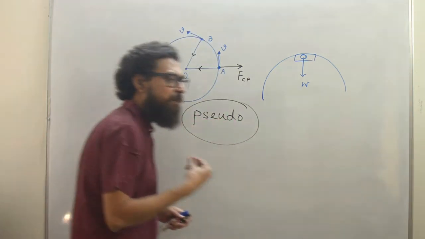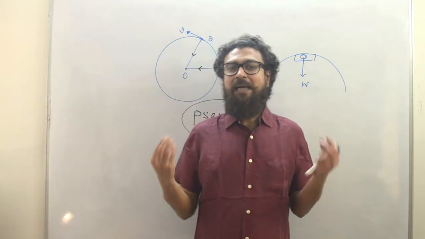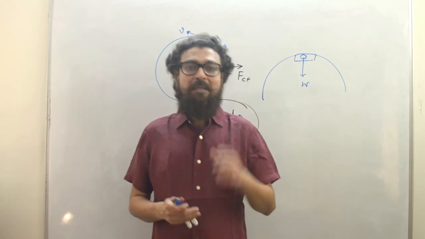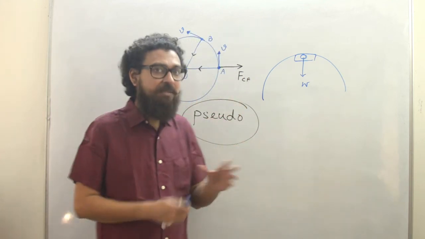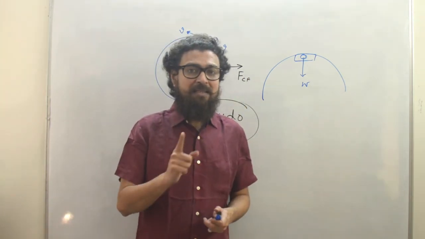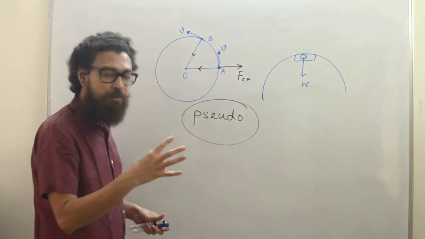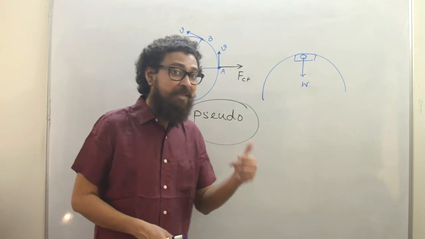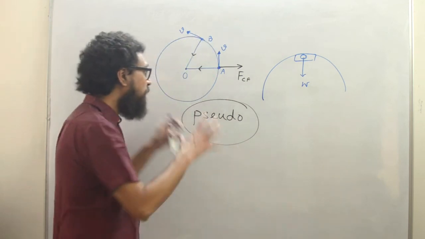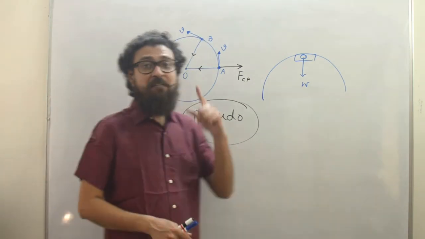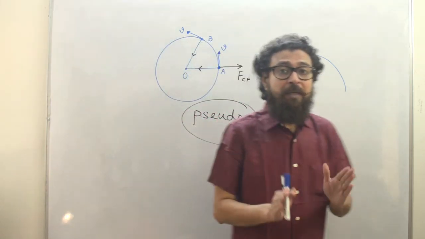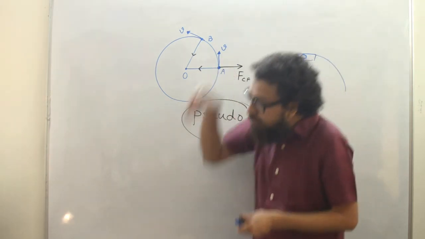So basically centripetal and centrifugal are similar as far as their magnitudes are concerned, but the direction and the perceptions are different. Centripetal exists when we are observing the motion from outside. Centrifugal exists when we are observing the motion within the system.